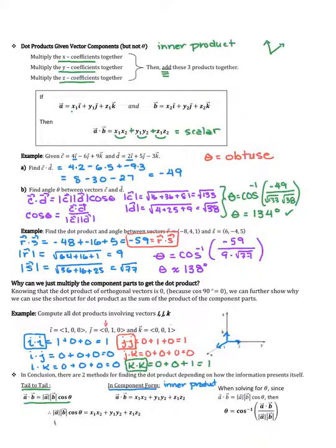And so in the end, these two forms actually equal each other, and they are a way of finding the angle between two vectors when they are tail to tail or when they come in component form. You can use it either way.